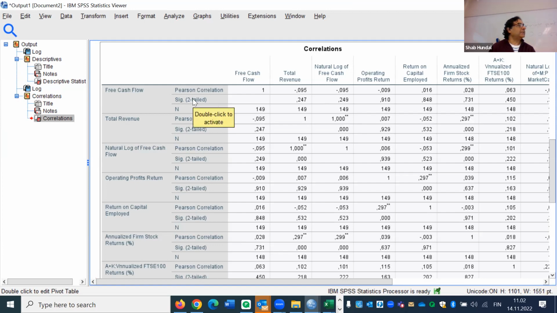Level of significance. Don't worry about two-tailed, but sig means significance. Our correlation between free cash flow and total revenue is minus 0.95, but the level of significance is 0.247, which basically means 24.7%.